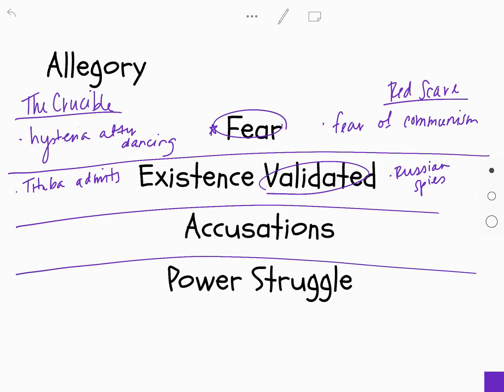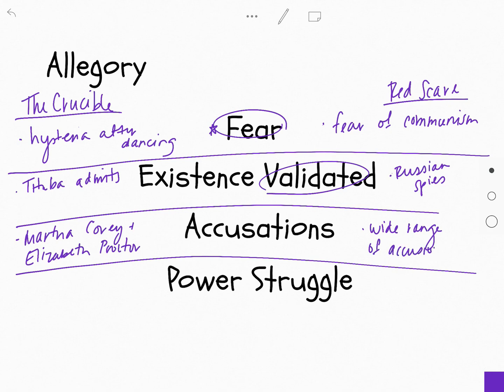Then the accusations begin, and as you know, one of the first people accused is Martha Corey, or Giles' wife, but more so Elizabeth Proctor, because that's what Act 2 is really about in The Crucible. And then the same thing, a wide range of accusations went out during the Red Scare, including in the celebrity community.